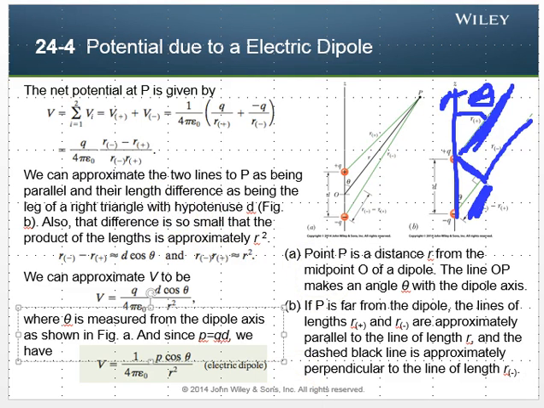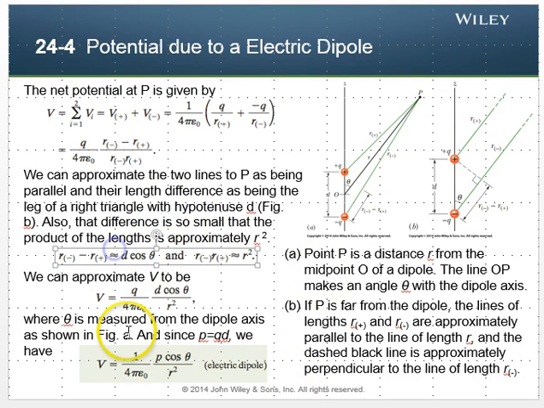So we have V equals q over 4 pi epsilon naught d cosine theta over r squared, and we just group q and d as p, the electric dipole moment. And so p cosine theta over r squared is how the voltage around a dipole goes. All right, the potential energy around a dipole.